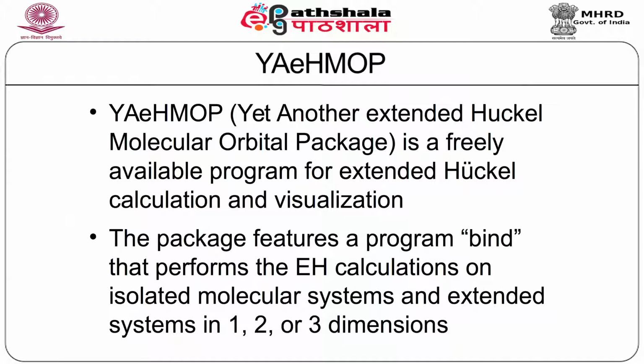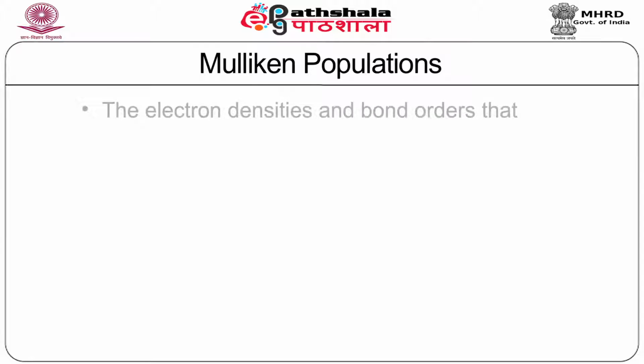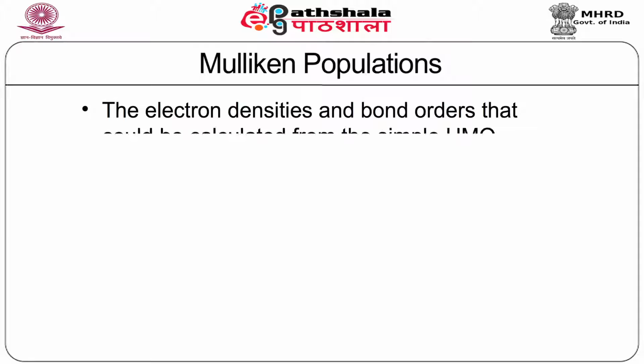The package features a program, bind, that performs the extended Huckel calculations on isolated molecular systems and extended systems in 1, 2, or 3 dimensions. Let us now discuss the analysis tool suggested by Mulliken, which is known as Mulliken populations.